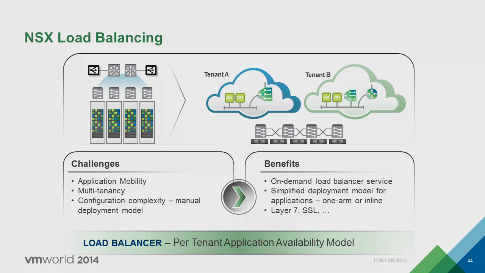Or it could be one-armed, as for tenant B, where you see a one-armed configuration in which source NAT is leveraged to ensure that forward and return traffic is funneled through the NSX Edge. Here again, L4, L7 capabilities and SSL offload capabilities. Also here, a forward reference to one of the much deeper dive sessions on load balancing as a service.